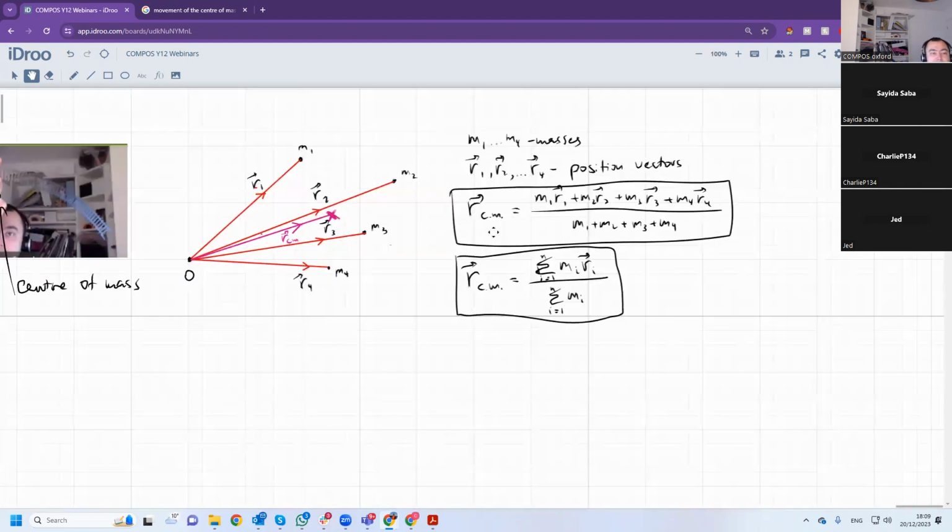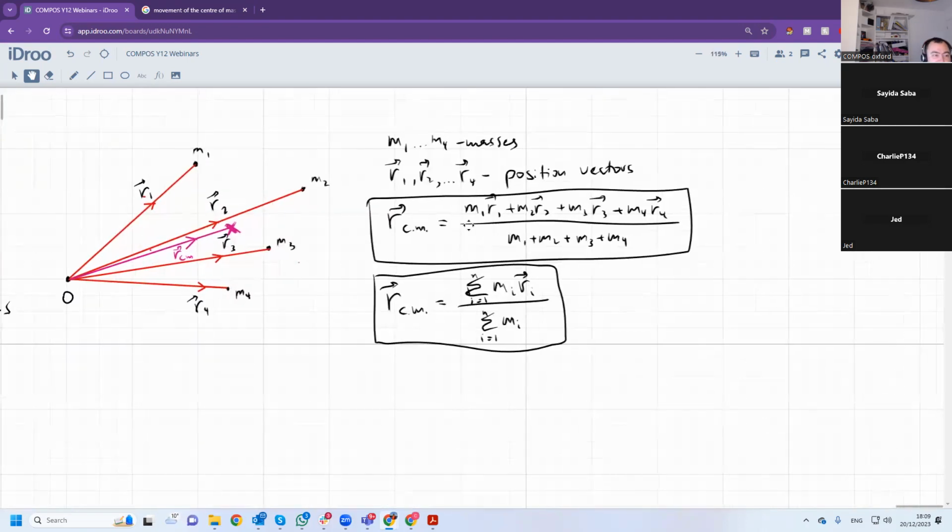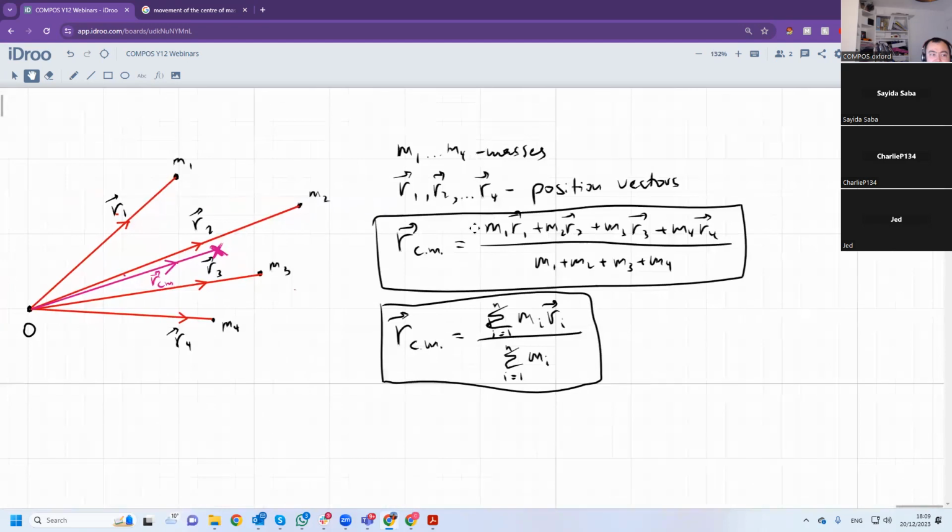Do you understand this definition on a scale of 0 to 10, please? Does everyone understand what a position vector is?